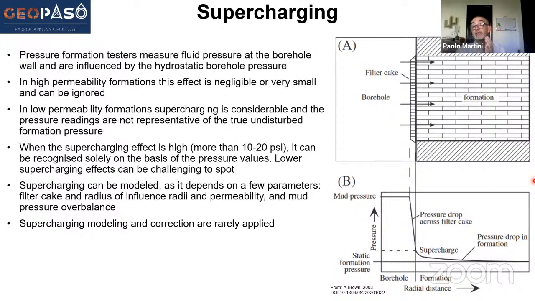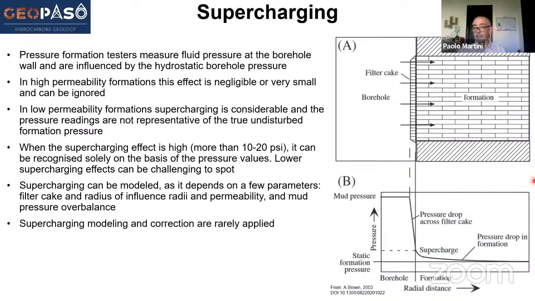If you see in the picture on the bottom, the pressure profile across the mud cake and into the formation, you have a very large pressure drop across the filter cake, and there is a little bit of pressure drop also through the formation. So in high permeability formation, this drop is minimal, and it can be neglected.